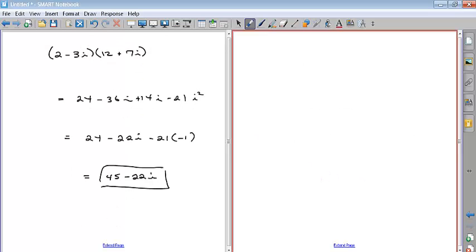We've done synthetic division before, but I'm going to have a specific synthetic division problem. So let's say we have x cubed plus 7x squared minus 11x plus 10, all divided by x plus 2.